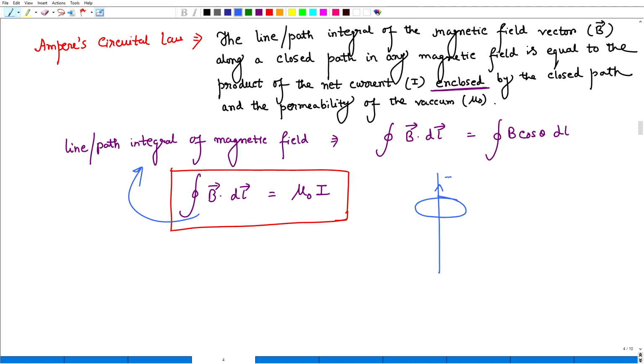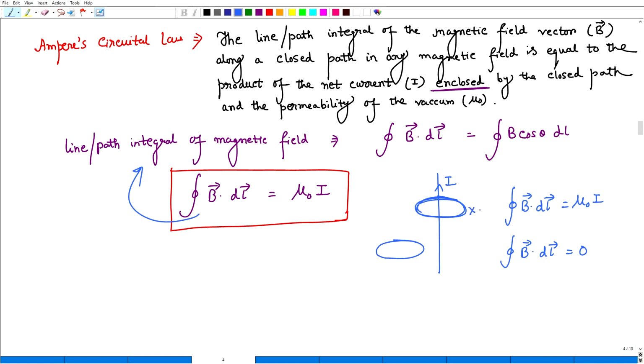Okay, so we have to now see some explanation. Consider this is an electrical wire, and I is the current flowing through this wire, and we are considering a loop around this wire. Then according to Ampere's law, the integral of B dot dl equals mu naught I. Now let us say if we consider any loop which does not enclose that wire, then essentially that will be 0.